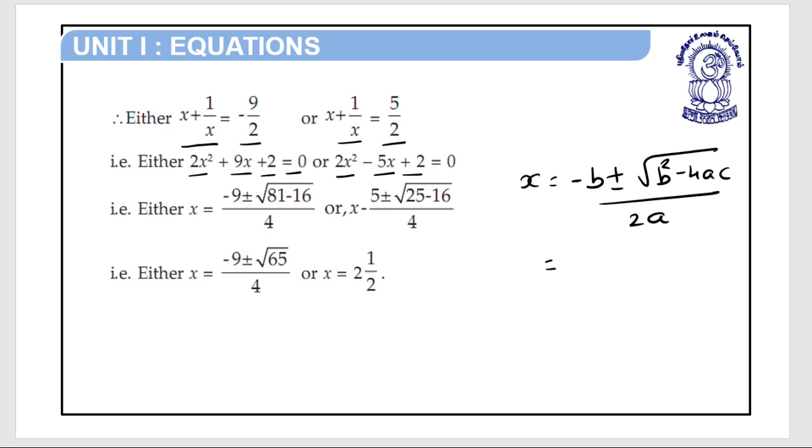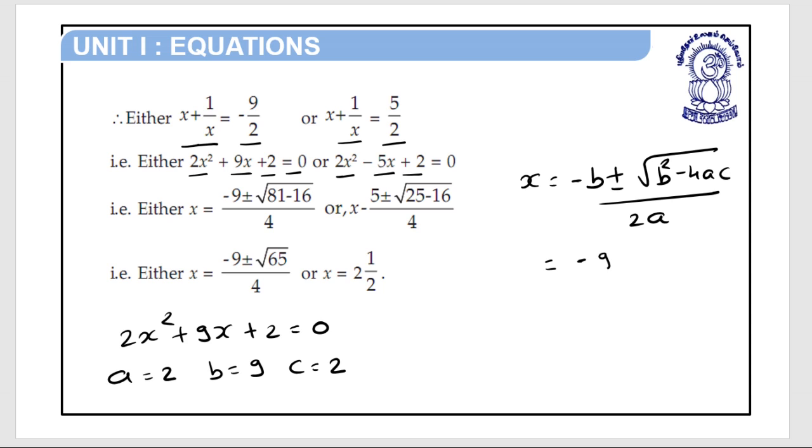For equation 1, 2x square plus 9x plus 2 is equal to 0, a is equal to 2, b is equal to 9 and c is equal to 2.